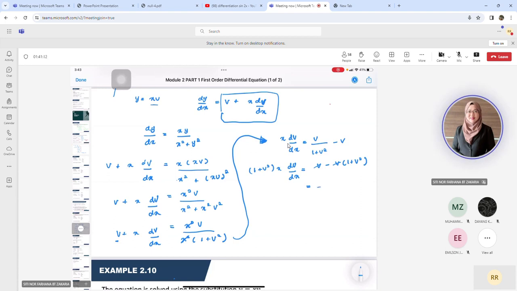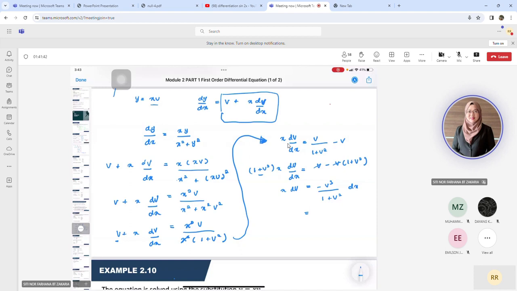negative v power of 3. So this one boleh bawa ke bawah, this one boleh bawa ke bawah. So it become divide 1 plus v power of 2. And then dx. X boleh naik atas. So this is a rearrange process lah. Okay.